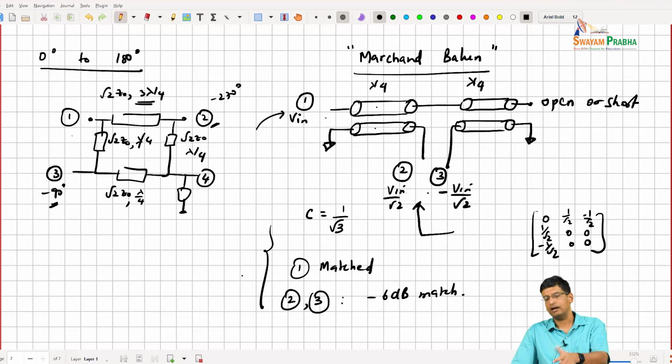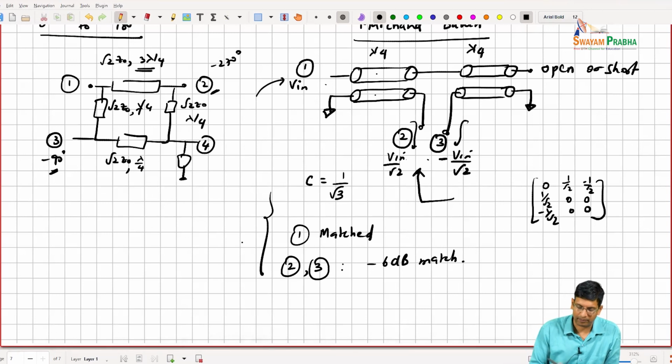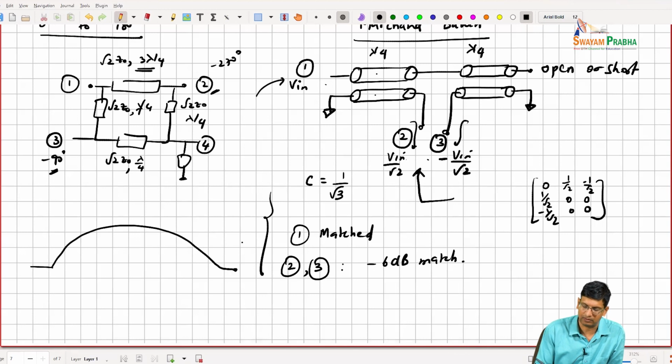So you have to trade off one against the other. But this is typically reasonable because I can design whatever is being loaded by this with the appropriate impedance to live with this, right? So you can build integrated implementations that are quite compact. You can have a transmission line going like this, terminated in an open, and then you can have another line running right next to it, which is terminated in a short, for example, and this is one of your outputs, and this is one of your outputs, right?